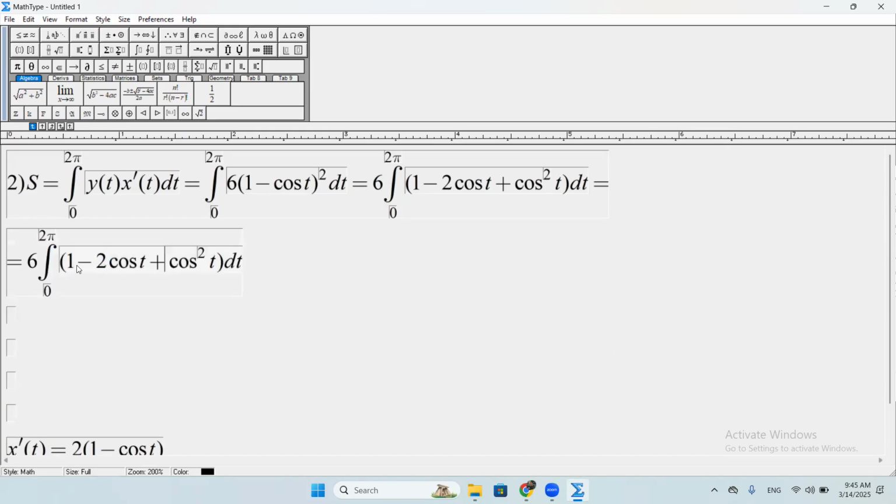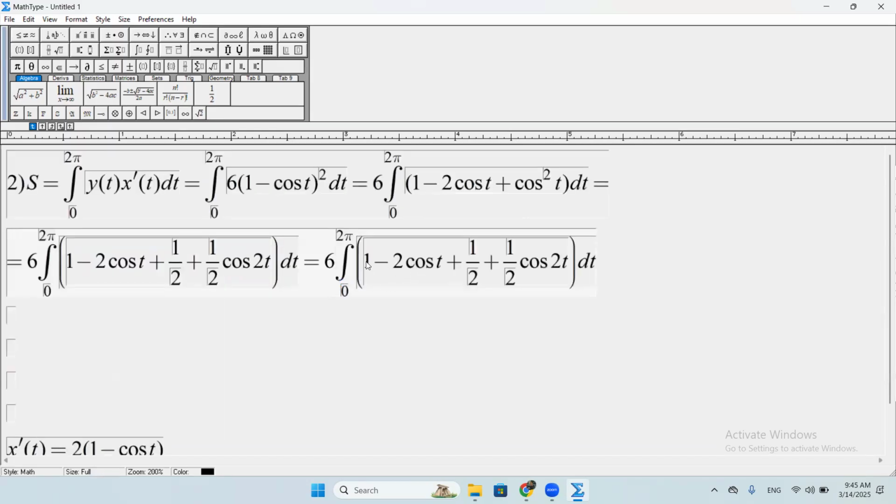So plus 1 over 2 and 1 over 2 cosine of 2t. Also, we will add 1 and 1 over 2. So 3 over 2.